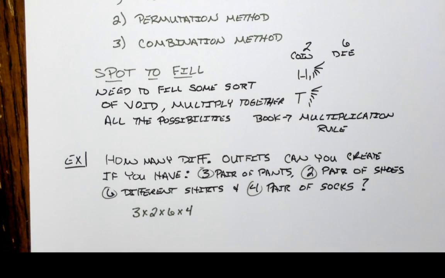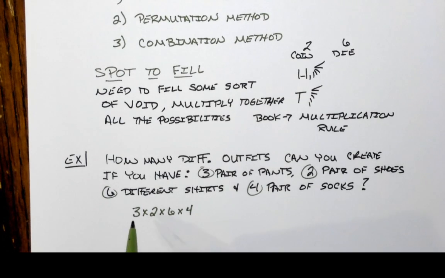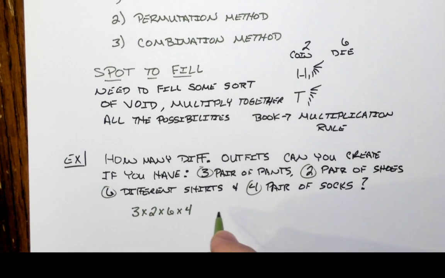So how many different outfits can we come up with? As I was saying, you can multiply these in any order. 6 times 6 times 4... 144 possible outfits.